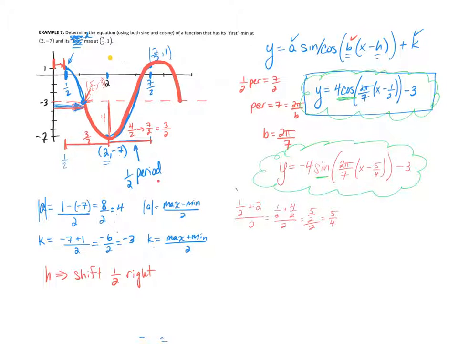Maybe it started back here and went up and came down and finished there. And now we would have a shift that was to the left, and you'd have to figure how far back that is. So, we could go that way, but I think we took the easier way.